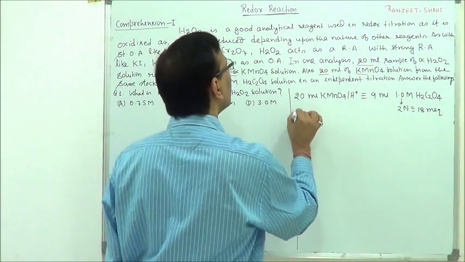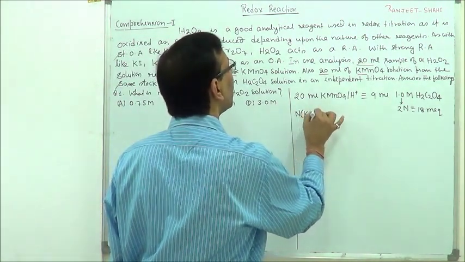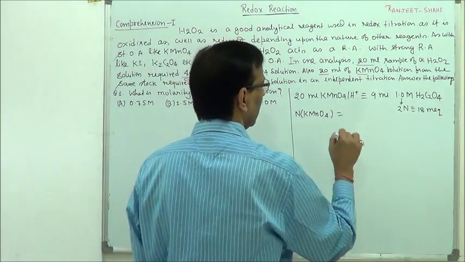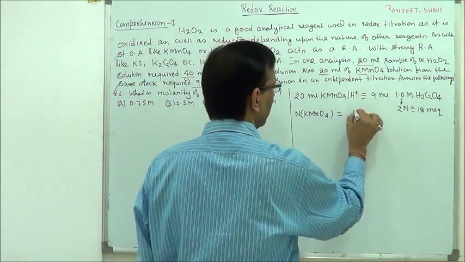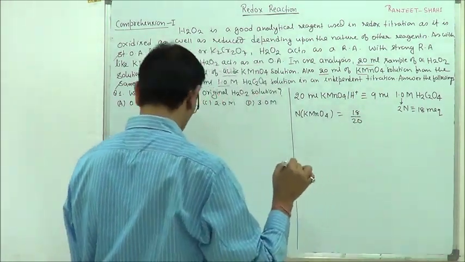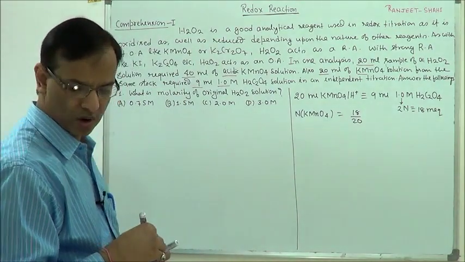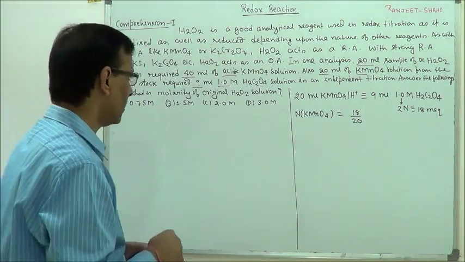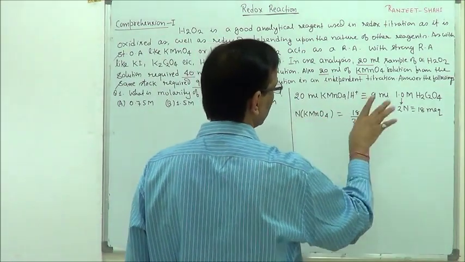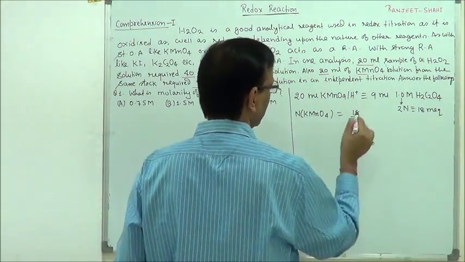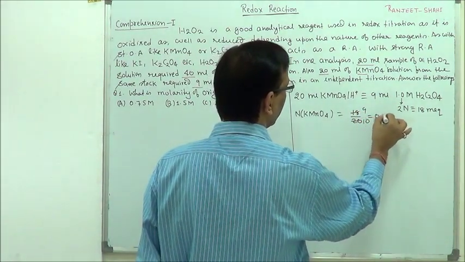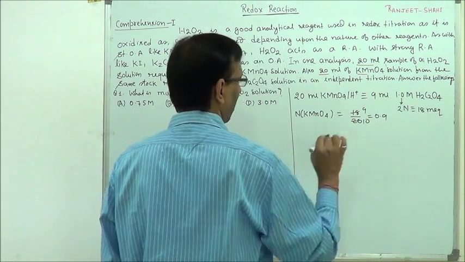So normality of KMnO4 solution will be 18 divided by 20. Since 18 milliequivalent in 20 ml, milliequivalent per ml is 9 by 10, or we can say 0.9 normal.